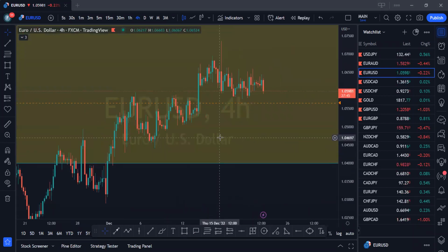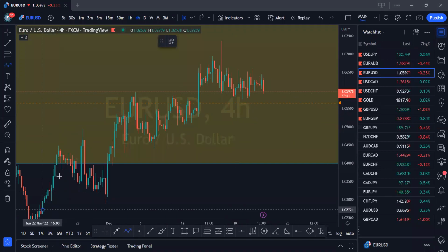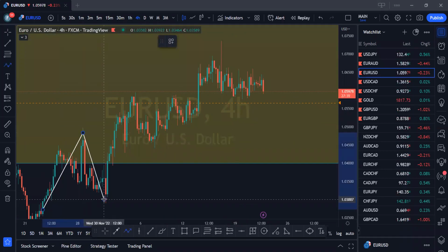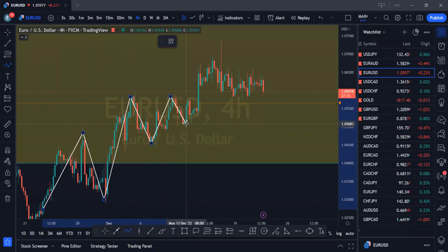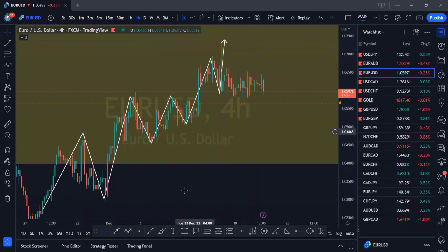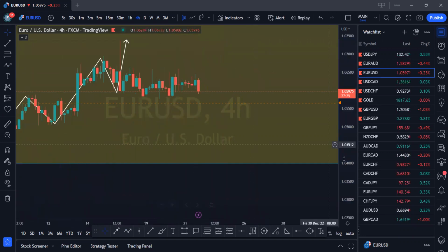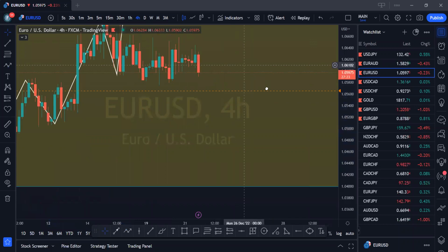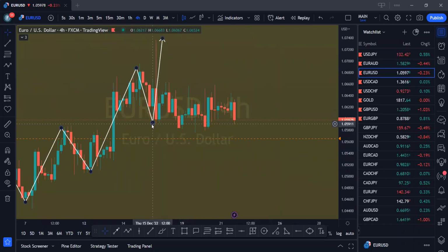All right. So if we do the market structure like so, price is in an uptrend. I have internal structure here. Ultimately, price doing this. Okay. And then what do we have? We have this structure, this higher low here.